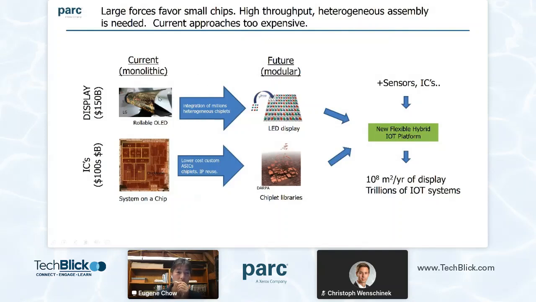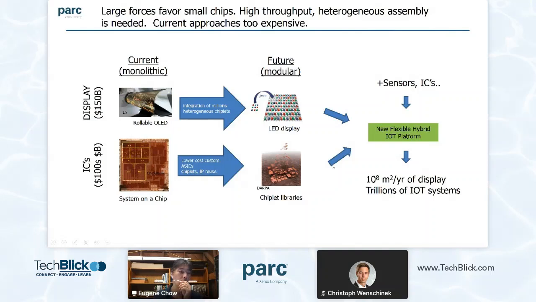And so in display, this huge industry, there's a move towards micro LED display for all the advantages of that technology over the conventional OLED and LCD. And then in integrated circuits, it's for customization, ASICs, and eventually sensors.